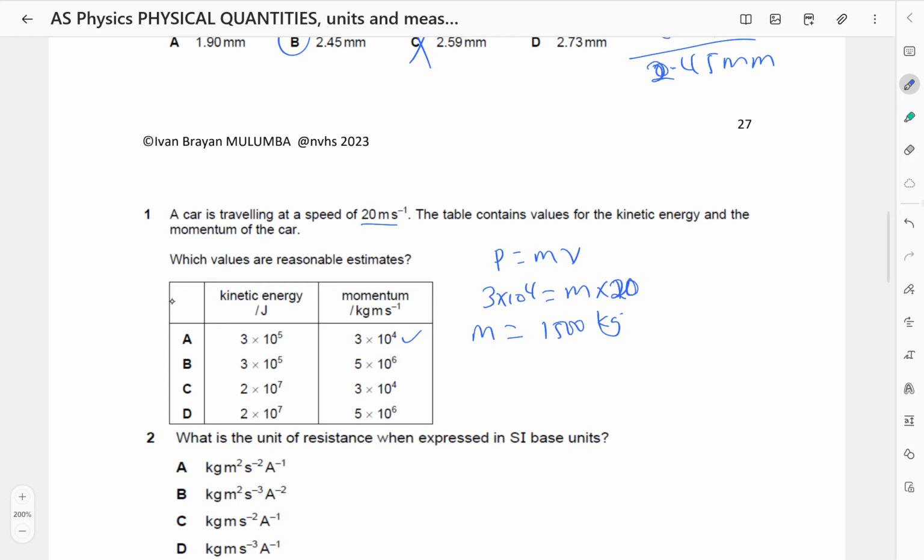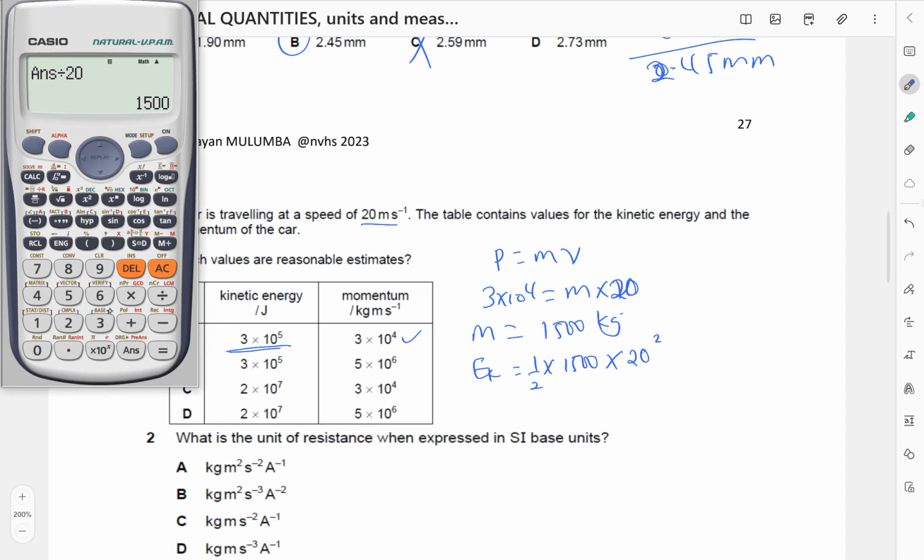Okay, let's check the kinetic energy, since this is the mass. Kinetic energy is a half times 1,500 times the speed, which is 20 squared.